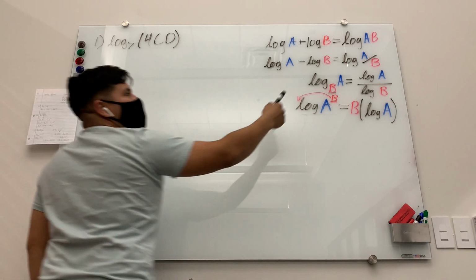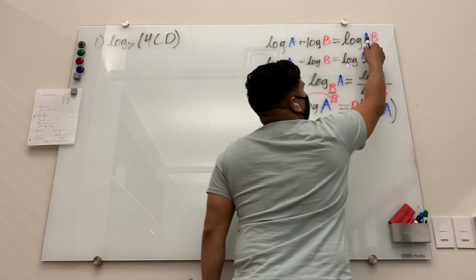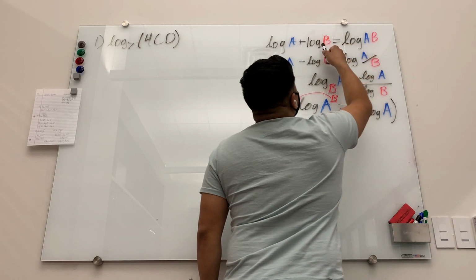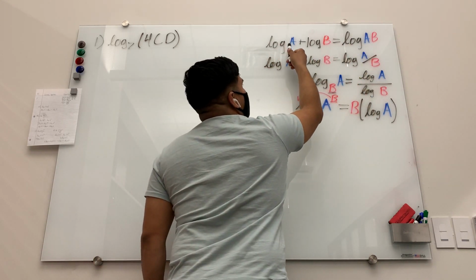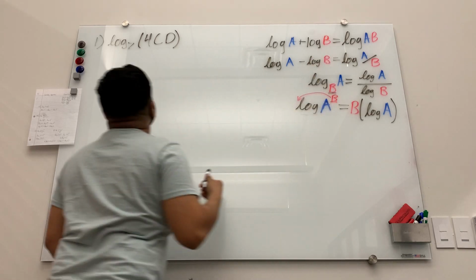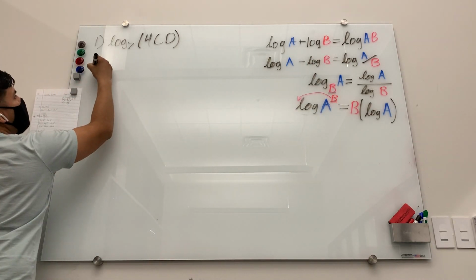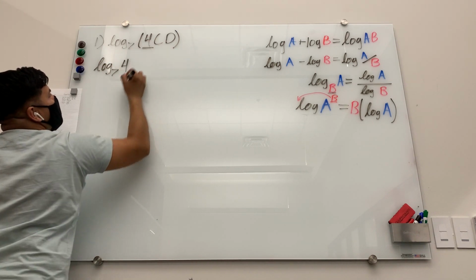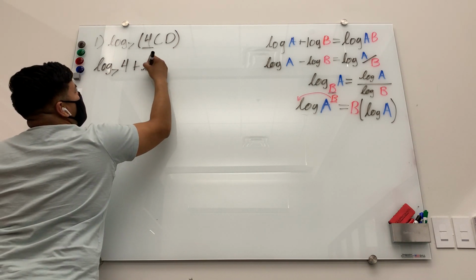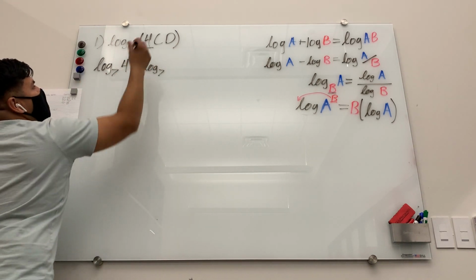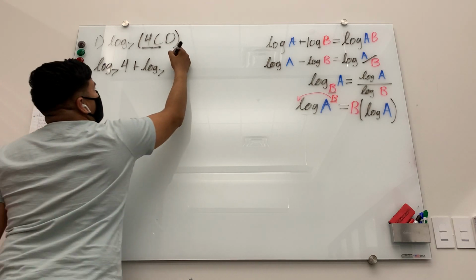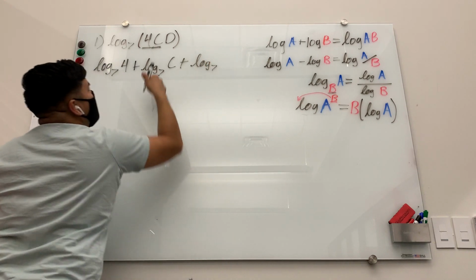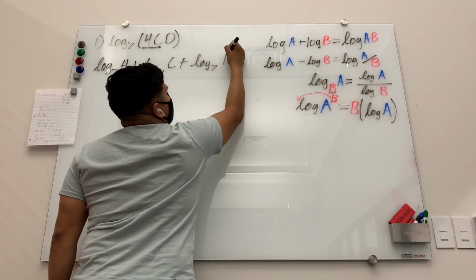Taking a look at our first property, if we have log of a times b times c, that's just going to be the equivalent of log of a plus log of b. So we have log base 7 of 4, which is our first one right there, plus log base 7 of our second factor, which is c, plus log base 7 of our last factor, which is d.